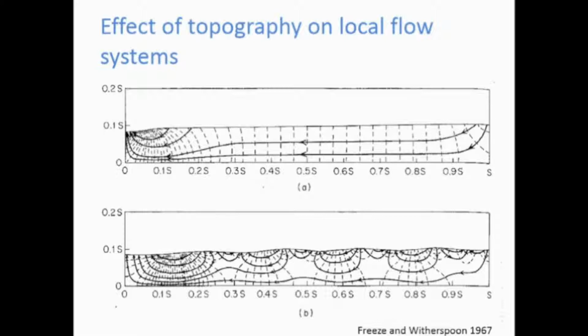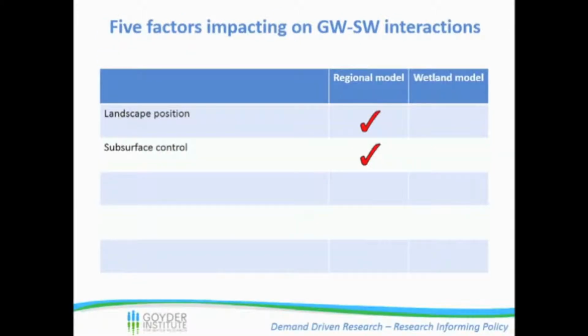So right away, you can see that just by adding a little bit of variation in the topography, you create, if you look at the example below, a multitude of local and intermediate scale flow systems, whereas in the example above, the main flow occurs through regional flow paths. So landscape position, first factor.